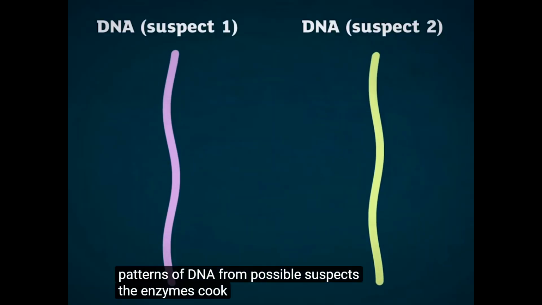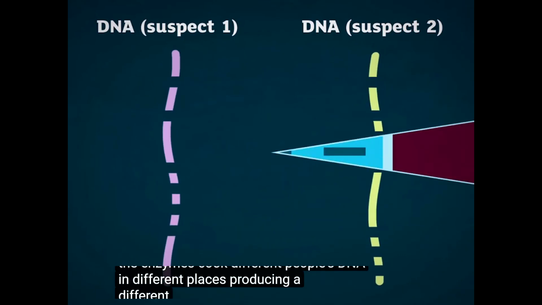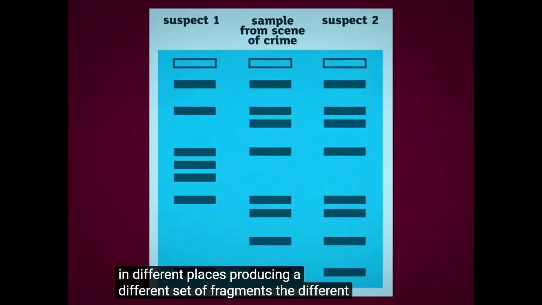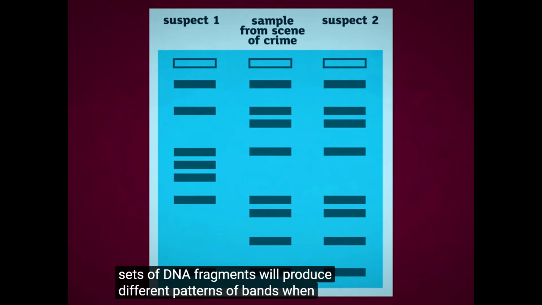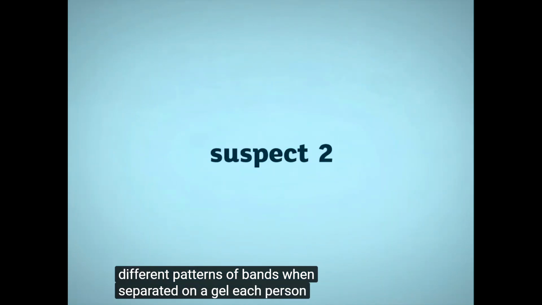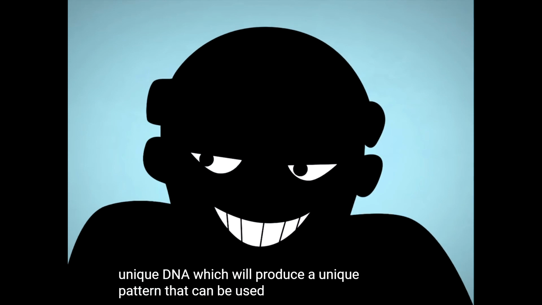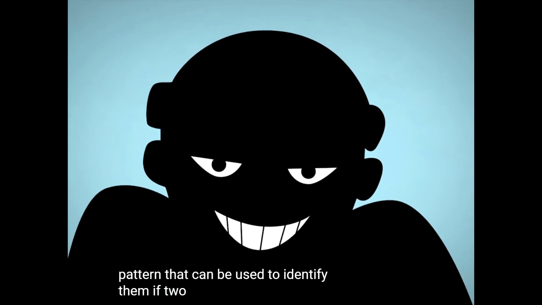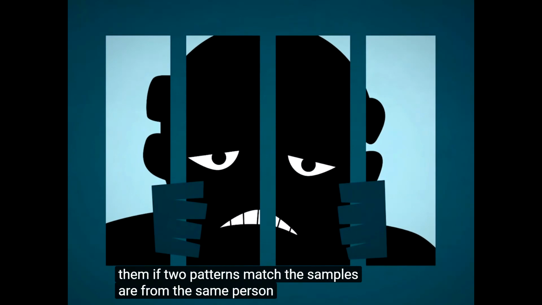The enzymes cut different people's DNA in different places, producing a different set of fragments. The different sets of DNA fragments will produce different patterns of bands when separated on a gel. Each person has unique DNA, which will produce a unique pattern that can be used to identify them. If two patterns match, the samples are from the same person.